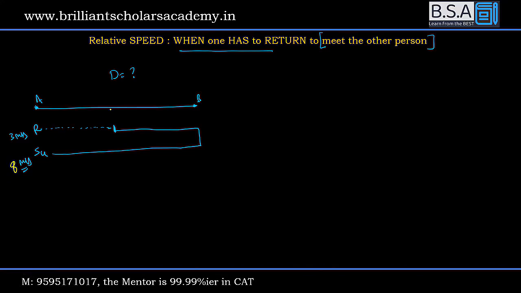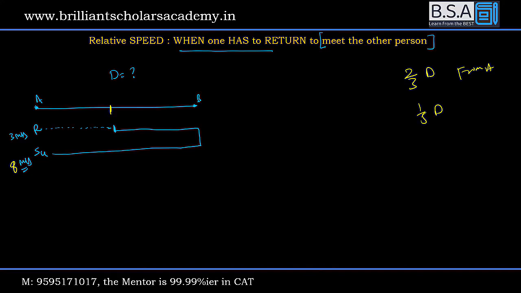So at what distance from A will they meet? So I don't usually use relative speed in this kind of approach.